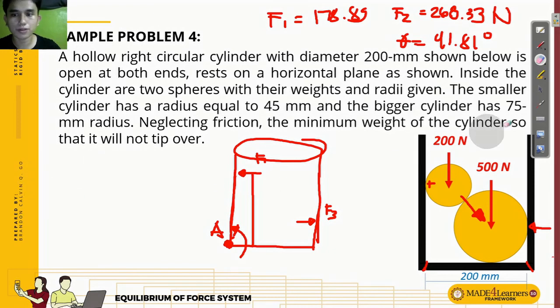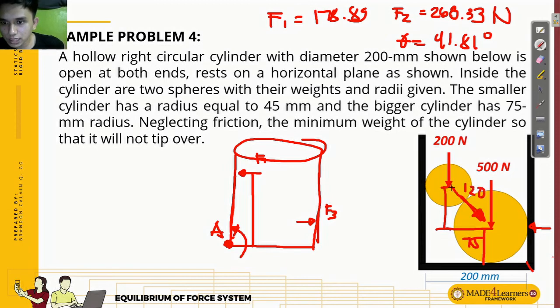By the way, ato i-solve yung distance. Gikan diri, class, pila yung length? Mao ni ang diameter, radius, no? Sa bigger sphere, so 75. Kani siya, pila distance ani? Okay, so since na-solve na natin siya, di ba? 45 plus 75, 120.